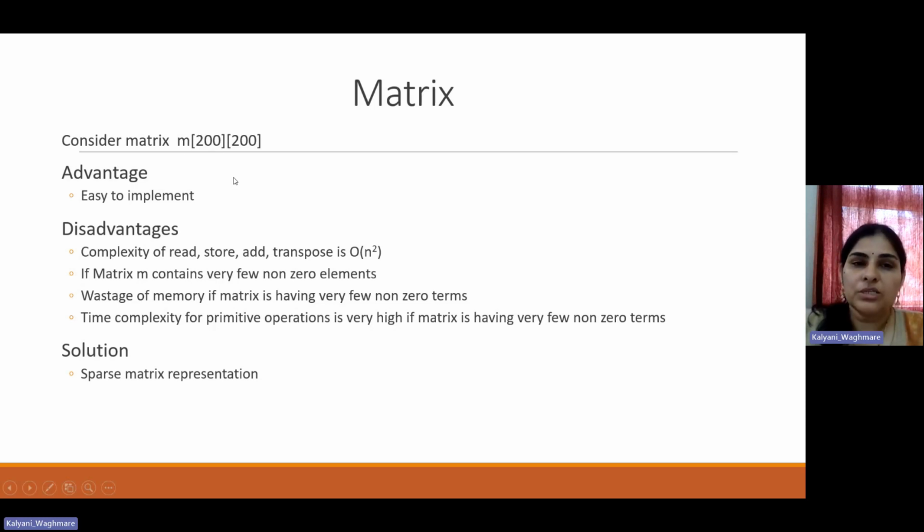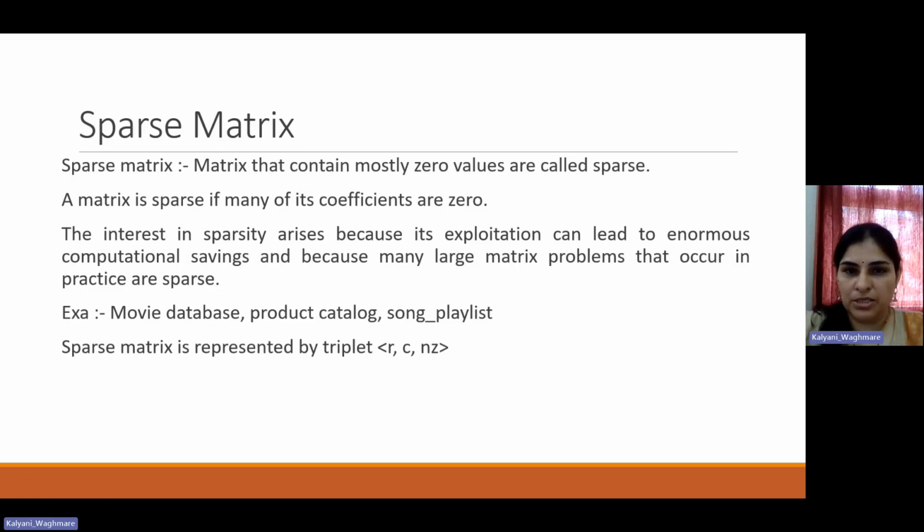Because of this, to solve the wastage of memory problem, we move to the next representation method, which is the sparse matrix representation method. So what actually is a sparse matrix? A sparse matrix is a matrix that stores only the non-zero elements of the original two-dimensional matrix.